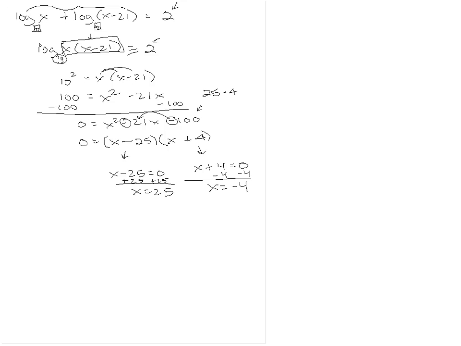So if I plug in a 25, 25 minus 21 is 4. 4 times 25, I get a positive number. If I plug in a negative 4, negative 4 times negative 25, oh, I get a positive. So actually, let me check just to make sure of something here.